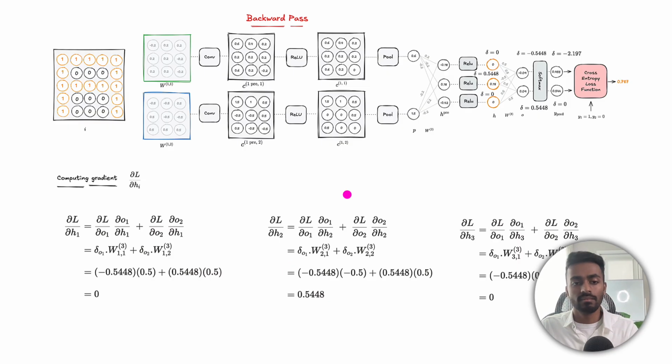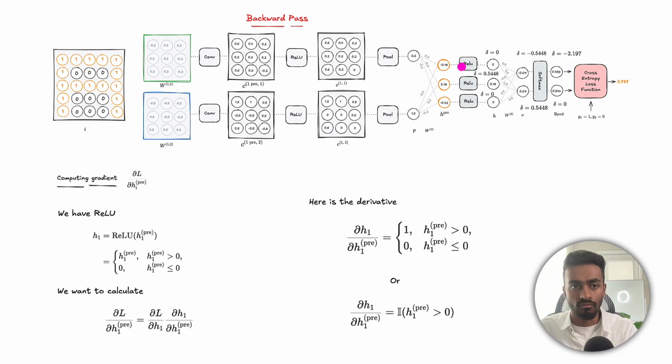Similarly, how does this neuron affect the loss? It can go in two paths, either here or through this one. And you can see that it's the sum of these two effects, which will be 0.5448. And for this third case, it's going to just be 0. And we've written their corresponding gradients right on top of each neuron.